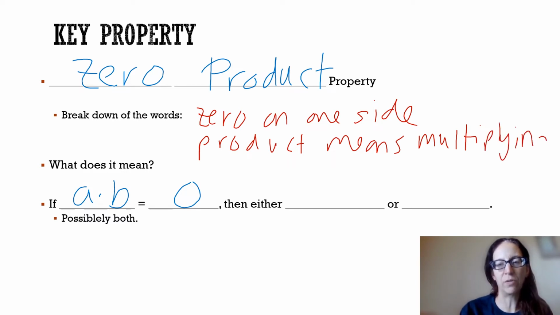Product is the result of multiplication. Okay, so zero product property, and now you can see it here, means you have a 0 on one side.